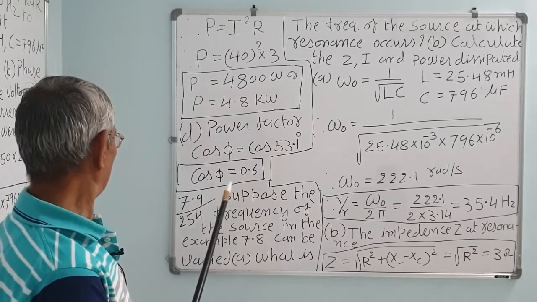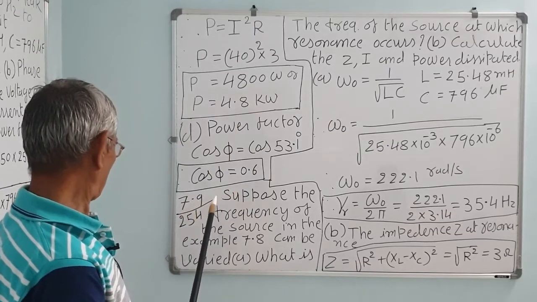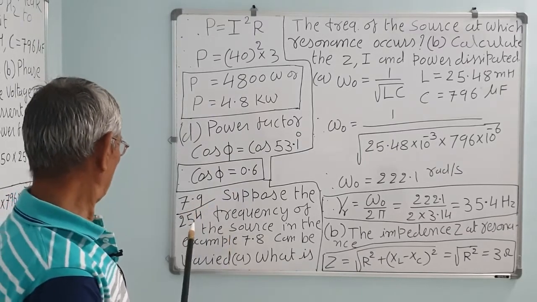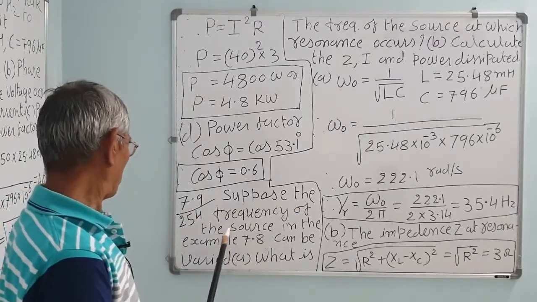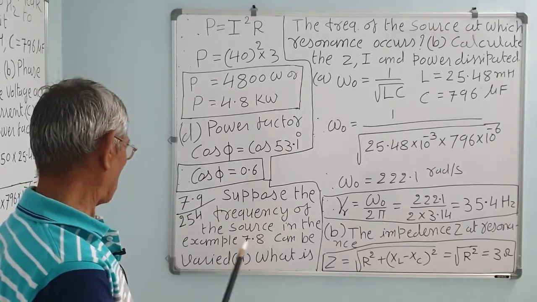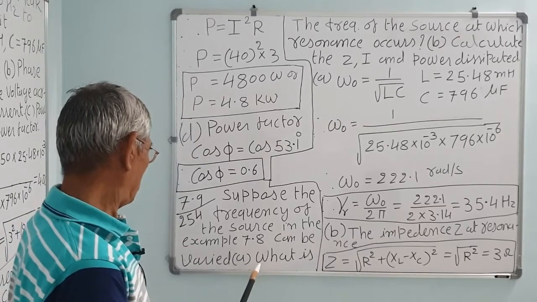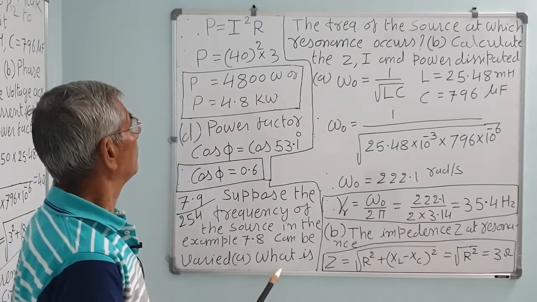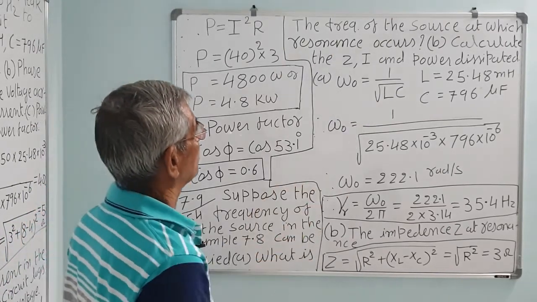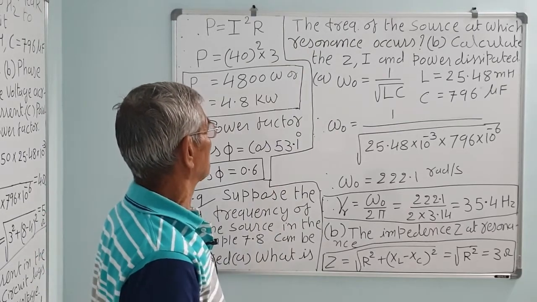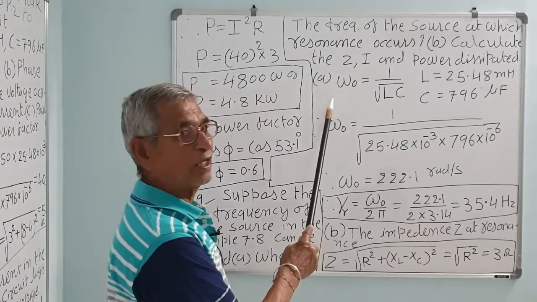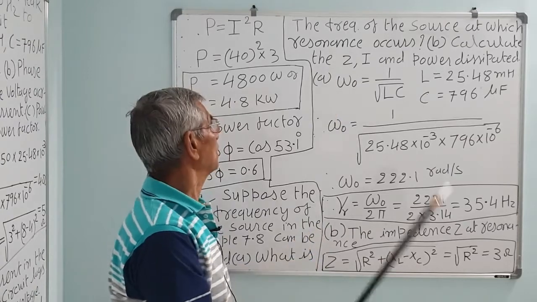Now the next question is 7.9 on page number 254. Suppose the frequency of the source in the earlier example can be varied. If it is varied, what is the frequency of the source at which resonance takes place? So for the resonance frequency, we know that omega 0 is 1 upon under root LC.